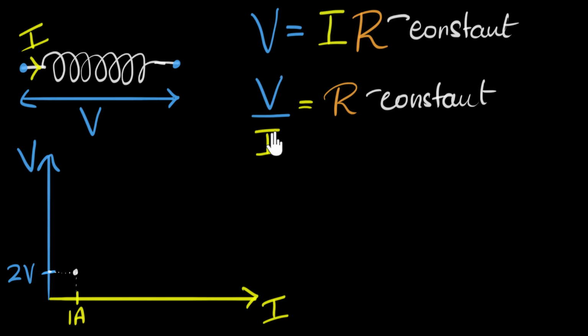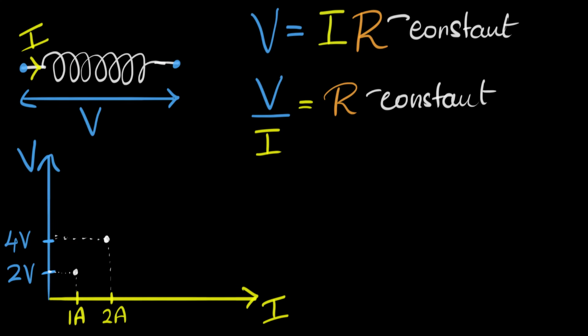Now, if Ohm's law is valid, then if I double the voltage, let's say I make it 4 volts, then the current must get doubled, so 2 amperes. So the next point must lie somewhere here.